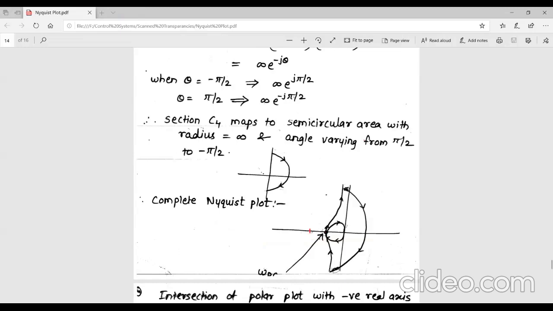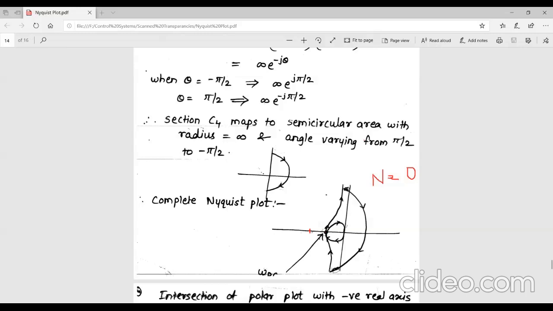So minus 1 plus J0 is outside this polar plot, and that is why encirclements around the critical point comes out to be 0. In the previous stage where we have open loop transfer function, we had analyzed the values of z and p, and we have found the value of z is equal to 0 because there were no zeros, and number of poles are 3, but all the poles lie either on the left half of S plane or on the origin.